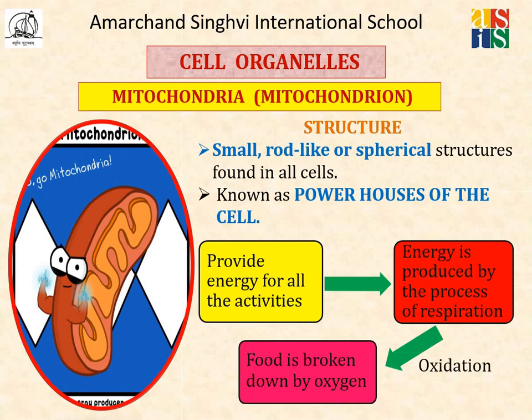The energy that is produced and provided by mitochondria is used in the process of respiration, whereby oxidation occurs and the food is broken down by oxygen to release energy which our body utilizes to carry out the different functions.